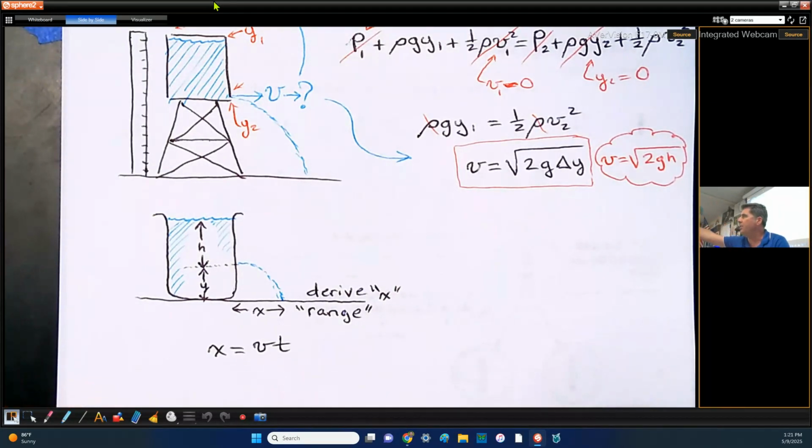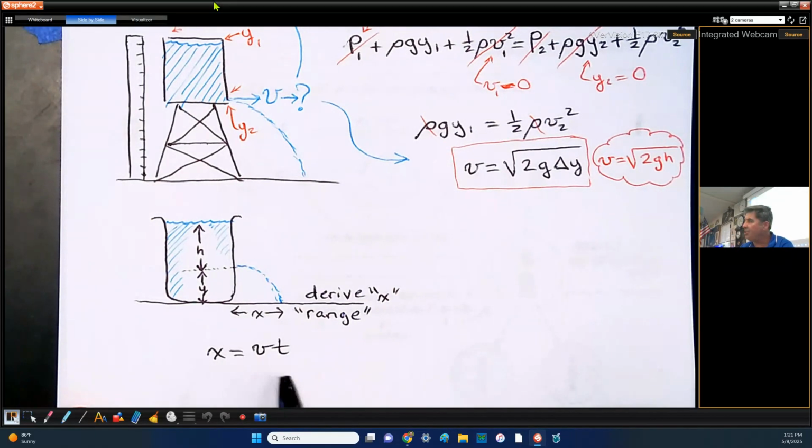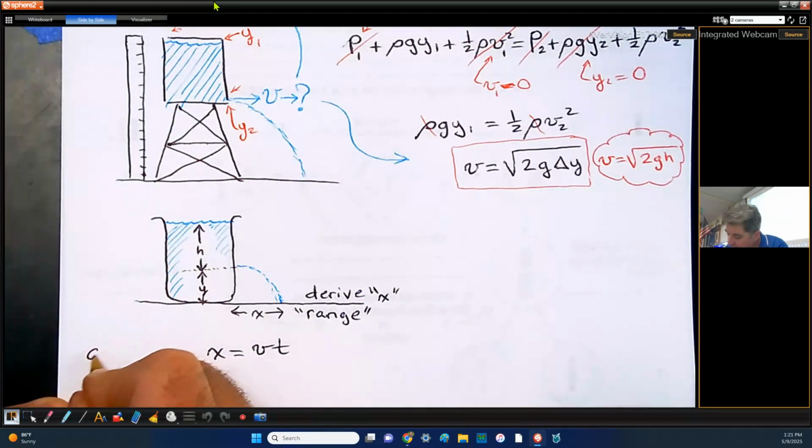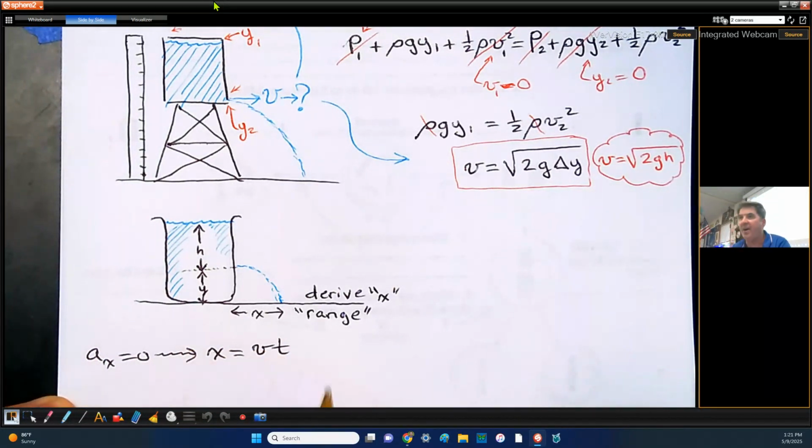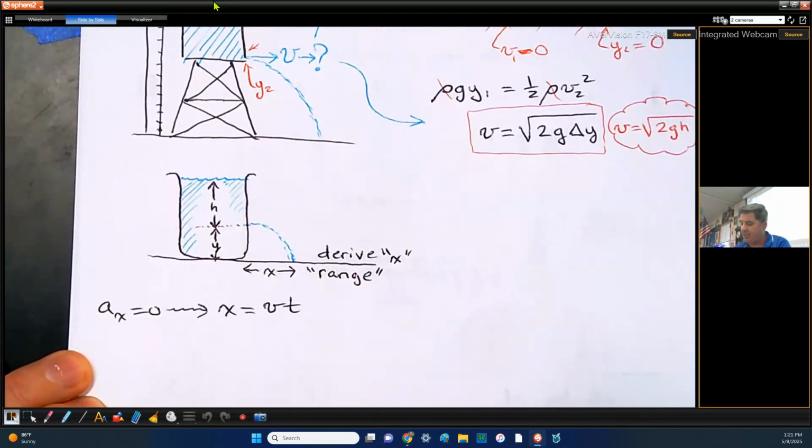Look at the third equation down: x equals one half AT squared plus V initial T plus x initial. Why can I simplify that to x equals VT? Because a in the x direction equals 0, so I can simplify that equation. This is absolutely what we did on the backside of the test.